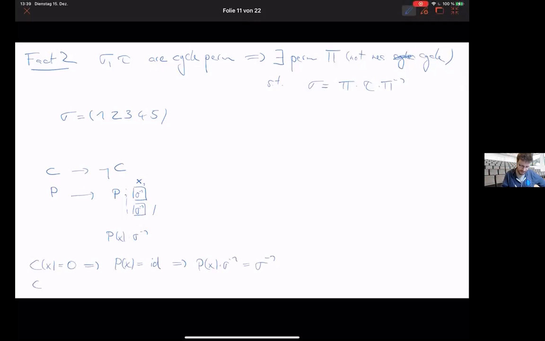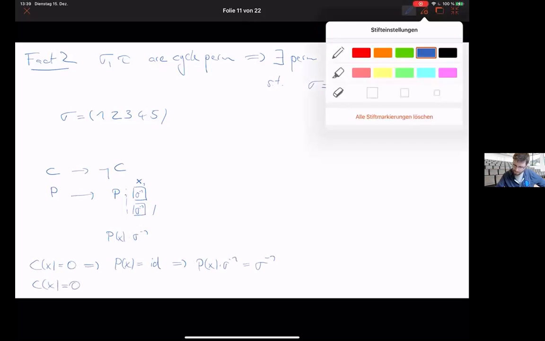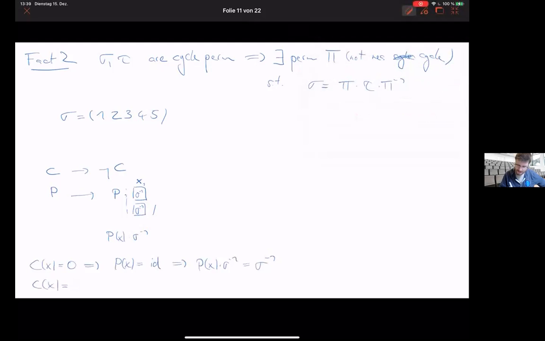On the other hand, if C of x equals 1, then P of x equals sigma, and therefore P of x times sigma inverse equals identity. Great.